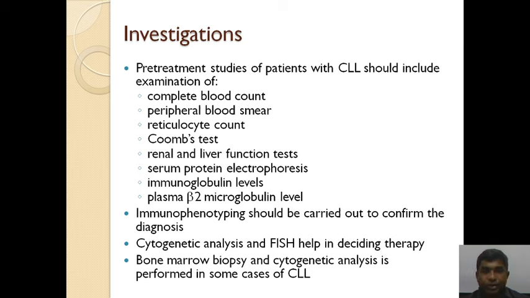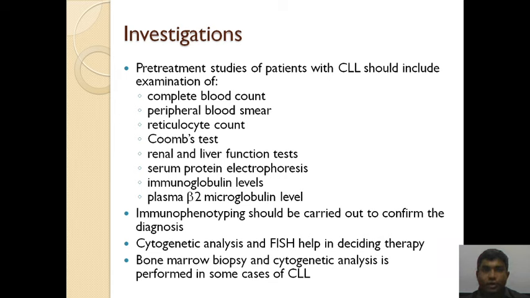Before treatment, it's good to do a battery of investigations, including a complete blood count. We will know if anemia and thrombocytopenia are present, what the WBC count and the lymphocyte count are, and it helps us in calculating the absolute lymphocyte count. In CLL, the absolute lymphocyte count should be more than 5,000.